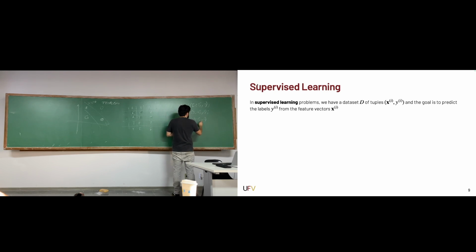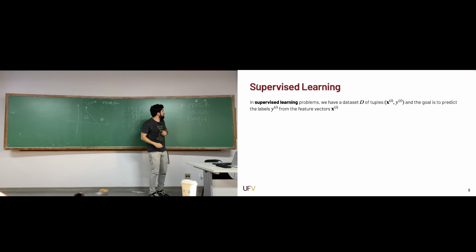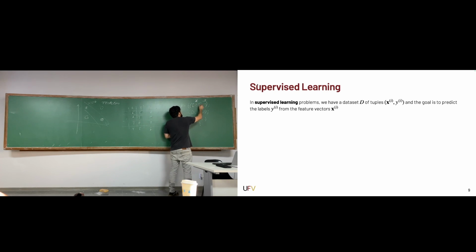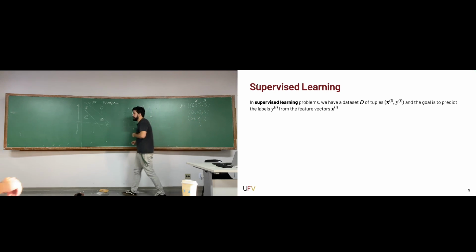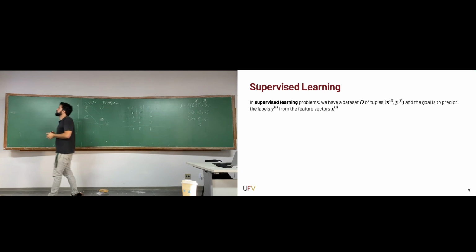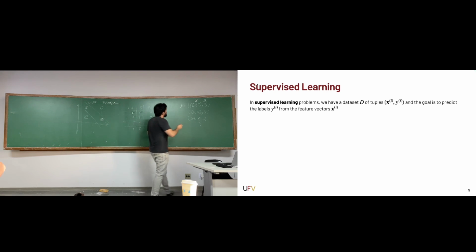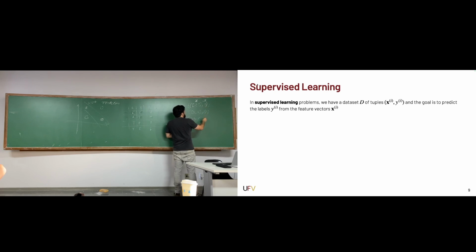And then you would have a bunch of these pairs or tuples where these values here are our x's and these values here are our y's. What is important is that the x's are vectors and the labels are scalars.